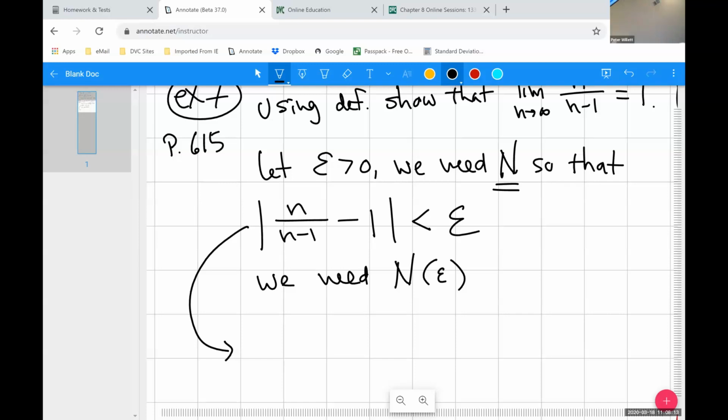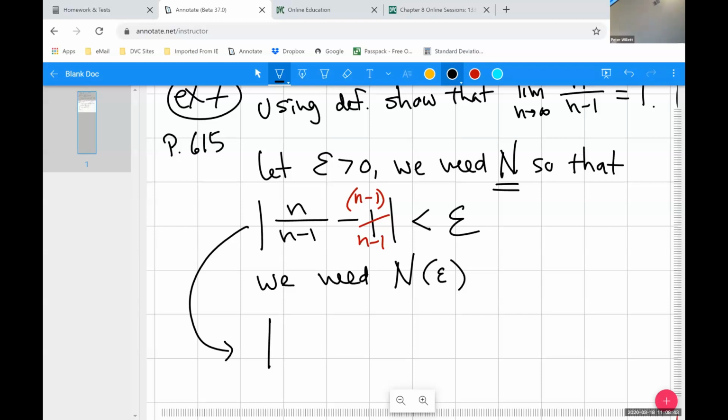So if I simplify the inside a little bit here, I can get a common denominator. I can make this as n minus 1 over n minus 1. So I can combine these two things in here. Since that's just a 1, that's the same as n minus 1 over n minus 1. And then I can do the subtraction because I have a common denominator. So that would give me the absolute value.